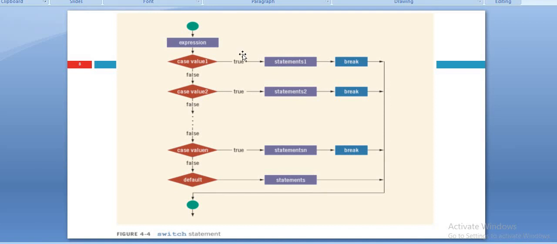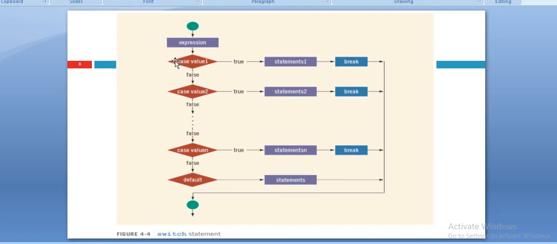In this case, remember we have used 4 keywords. One is switch, that should be written over here. Switch, that is the keyword, reserved word that cannot be used for your variables or anything else.